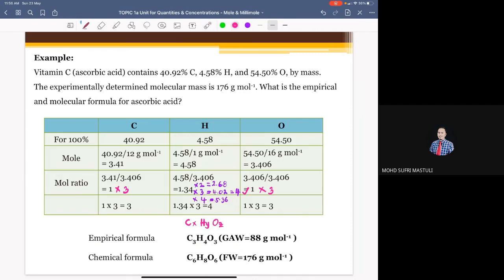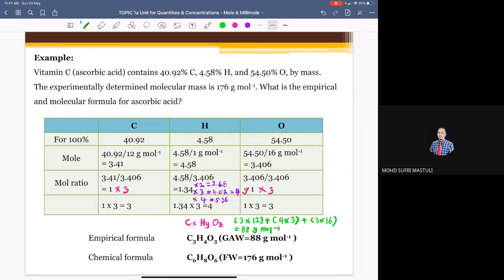How do you get 88? 3 times 12, plus 4 times 1, plus 3 times 16. Then you add them up to get 88 gram per mole.